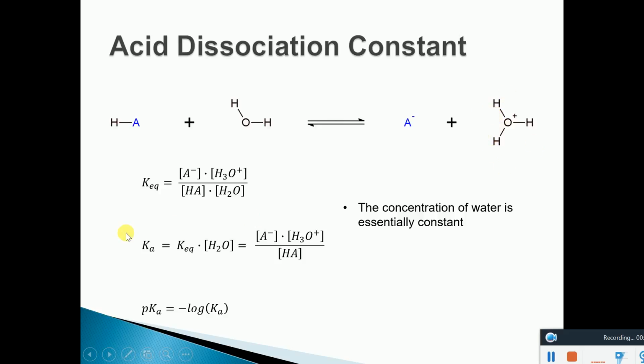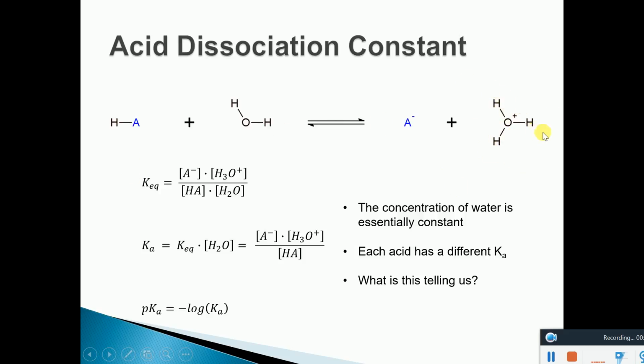Since each acid has a different Ka, that's its acid dissociation constant. So if this was a crazy high acid, and this had a Ka that was a little bit lower, then that means it would favor this side.